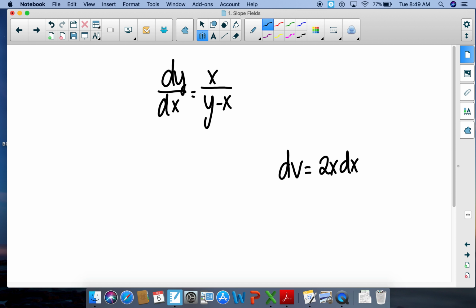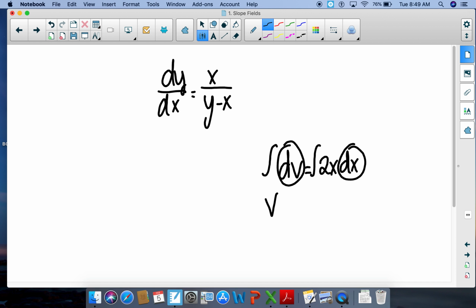Okay. We would integrate both sides. What would we get on the left? Why? Okay. Because this right there tells us our variable of integration, right? So I know that I'm going to get back a b, correct?